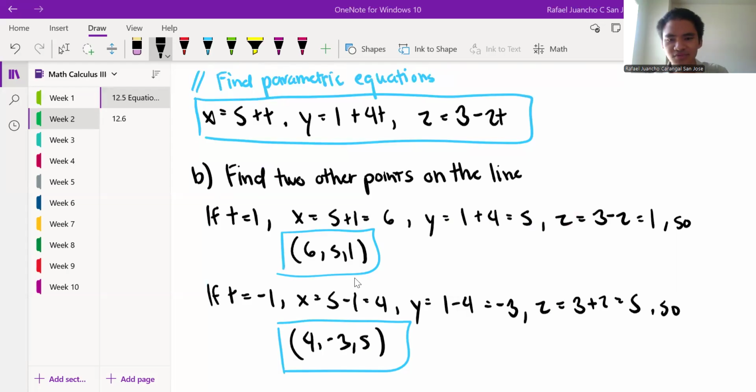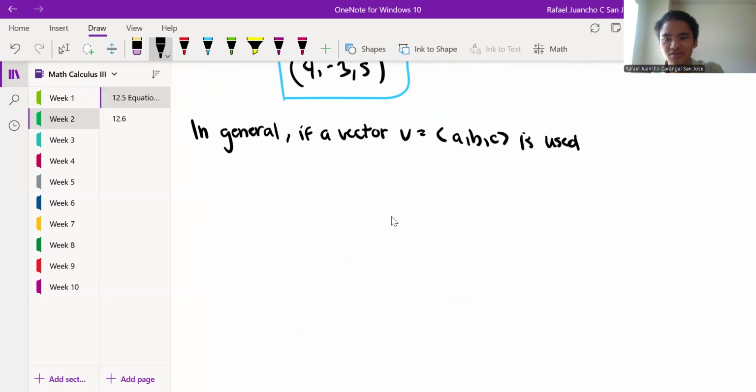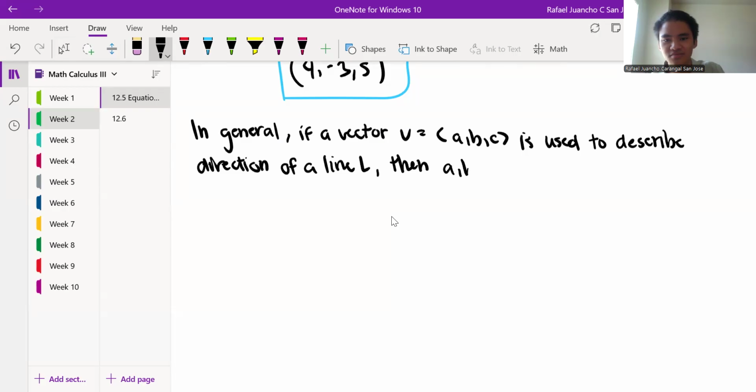So in general, let's say we're given a vector v with components a, b, c, and it is used to describe the direction of some line L. Then a, b, and c, they're actually called direction numbers.